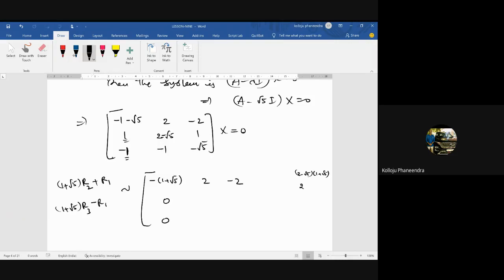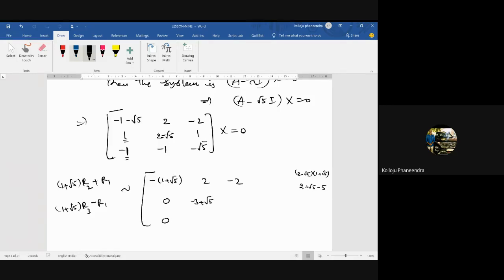This is 2 root 5 minus root 5 plus root 5 plus root 5, and another one is minus 5. So this becomes minus 3 plus root 5. If there are mistakes, correct me.